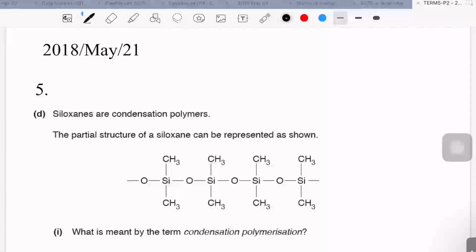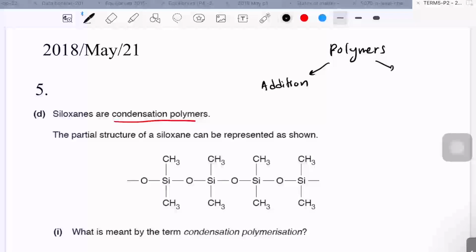Now when it comes to polymers, there are two main types of polymers. One is addition polymers.